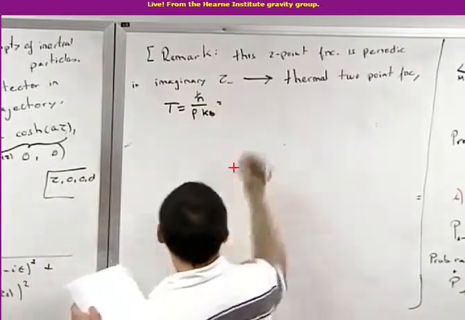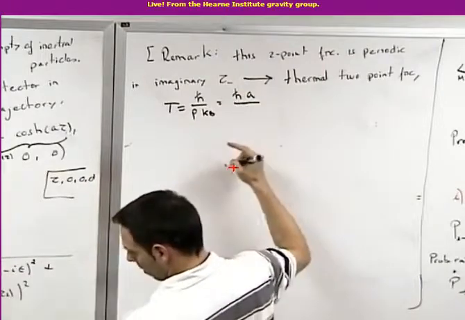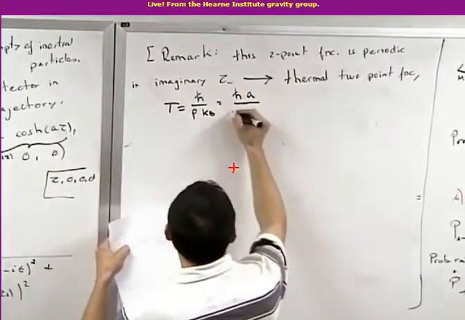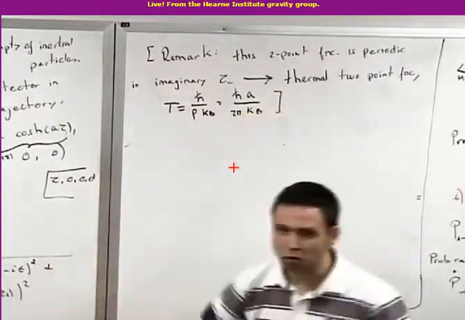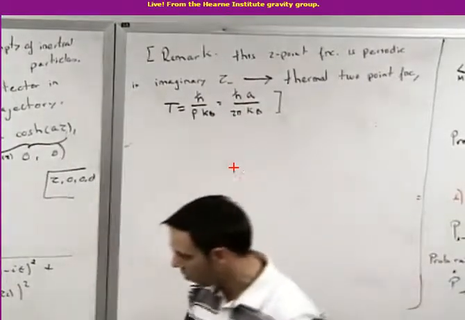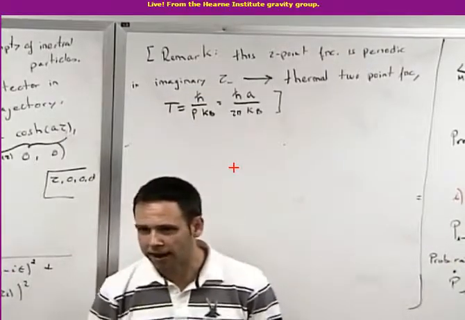And the period here, if you compute it with the coefficient 2 and the square also, you get 2 pi over a. So if you show this 2-point function to a mathematician and you don't tell him where it's coming from, he will tell you all the physics you get from it is going to be like in a thermal state.